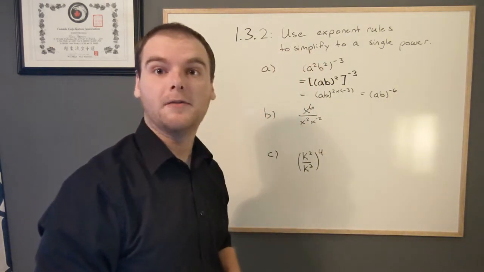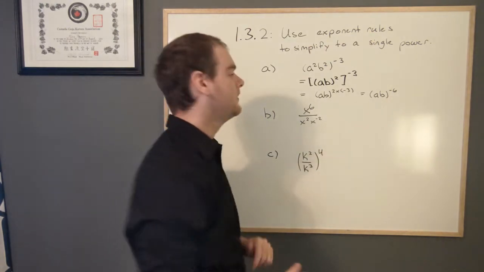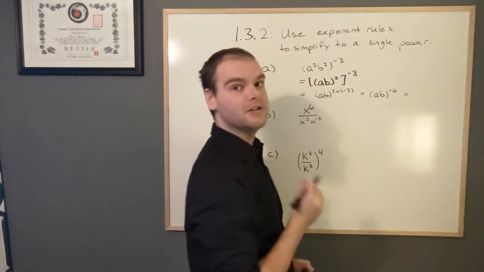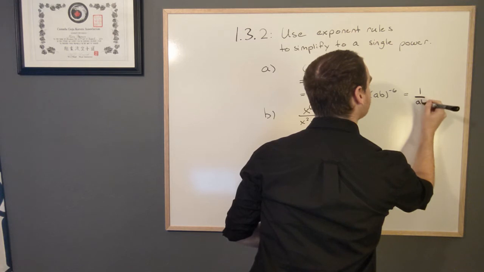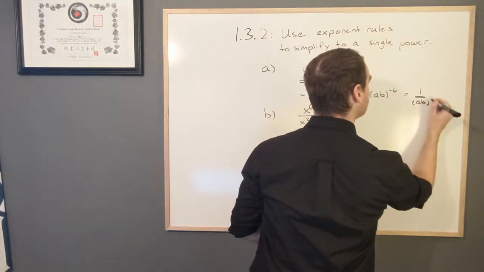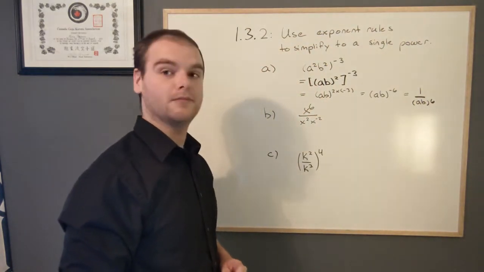And if we wanted to have only positive exponents, we could change this negative by making the base into a denominator, and then applying the power. Awesome.